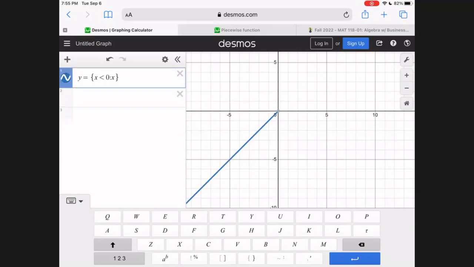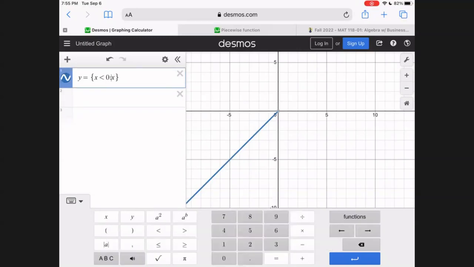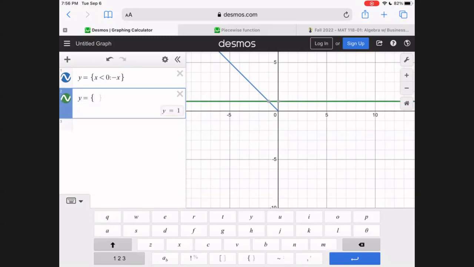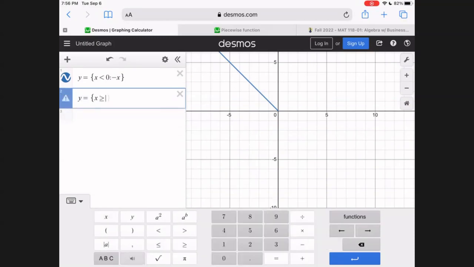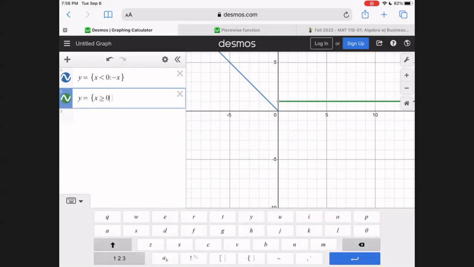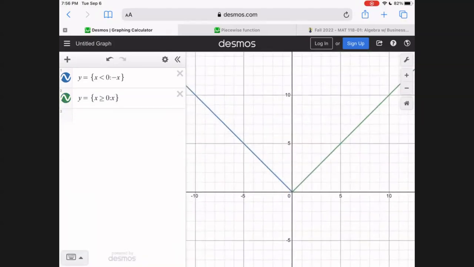For the absolute value, it was negative x there. And then we do y equals, and we would say x is greater than or equal to 0, bracket x. And voila, we have absolute value made up of two pieces of two separate functions. So remember, for Desmos, it's curly braces, domain restriction, colon, and then the function.